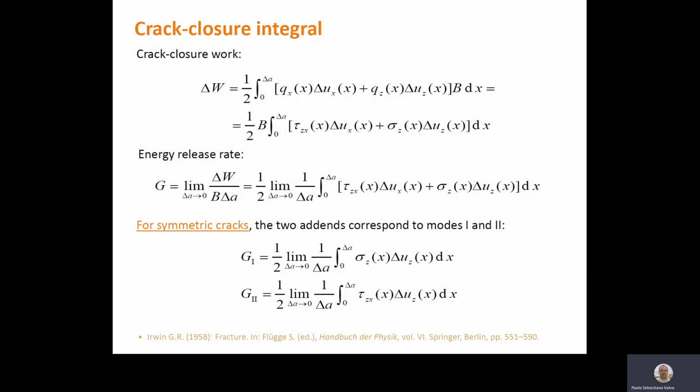And for symmetric cracks, it may be noted that the two addends appearing in the expression of G simply correspond to the mode 1 and mode 2 contributions to the energy release rate.